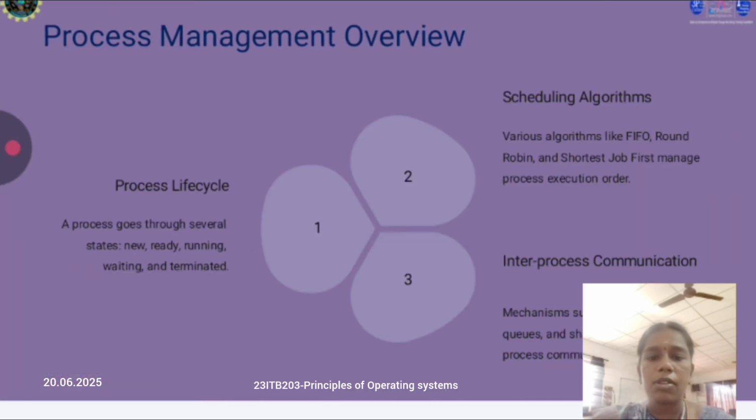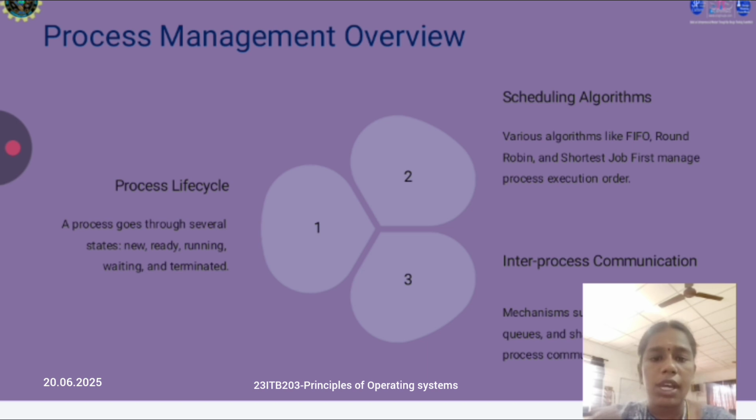And then process management overview. In process management, we have process lifecycle, scheduling algorithms, and inter-process communication. The process goes through several states, that is new state, ready state, running state, waiting state, and terminated state. These are the process lifecycle. And then second one will be the scheduling algorithms.